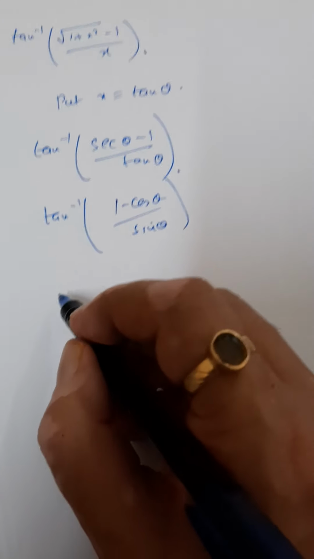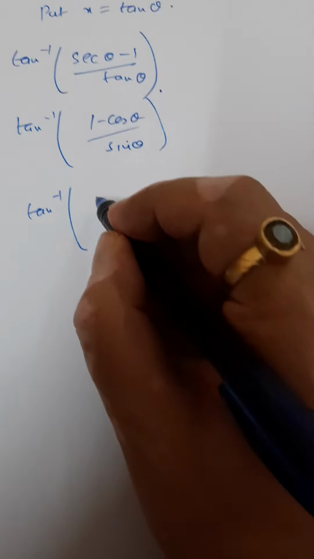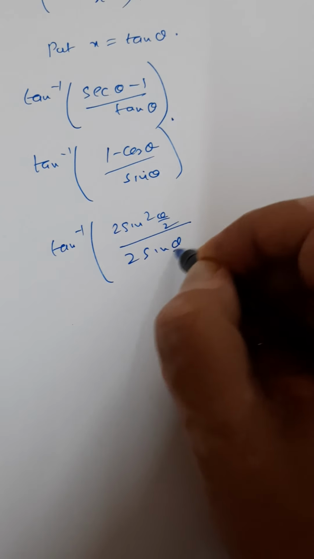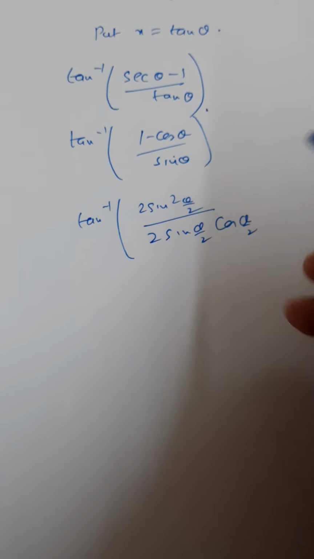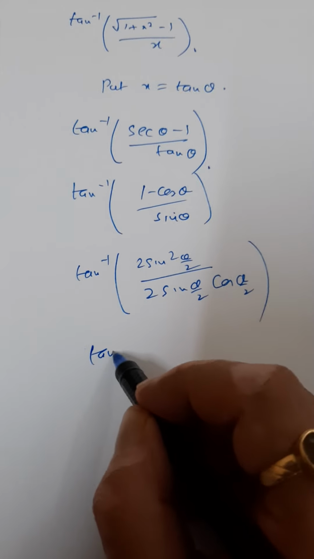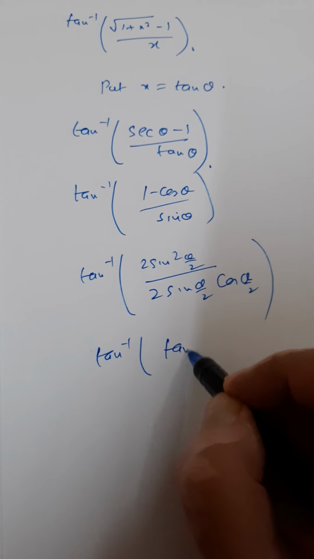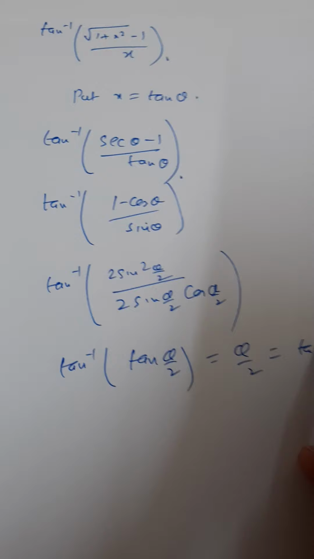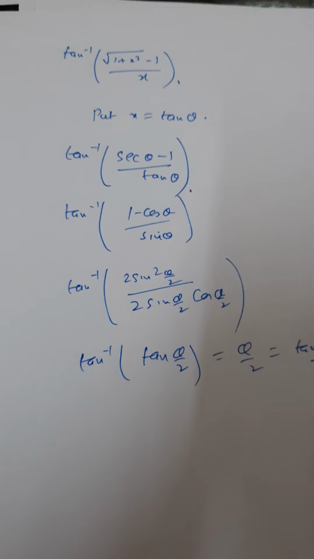This is tan inverse of 2 sine square theta by 2 upon 2 sin theta by 2 cos theta by 2. 2 and 2 will cancel. This is tan inverse of tan theta by 2, that is theta by 2, that is tan inverse x by 2.